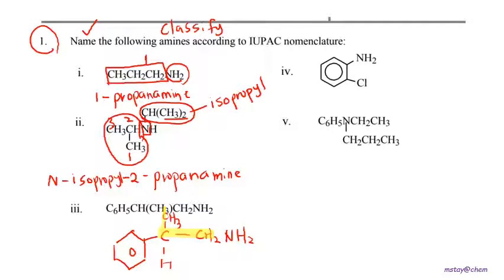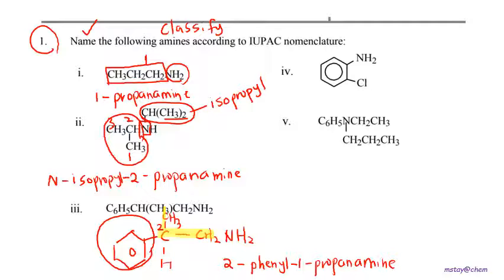So the parent name will be propanamine, and the amino group is attached to the first carbon, so it's 1-propanamine. This substituent is attached to the second carbon and is known as phenyl, so 2-phenyl 1-propanamine.